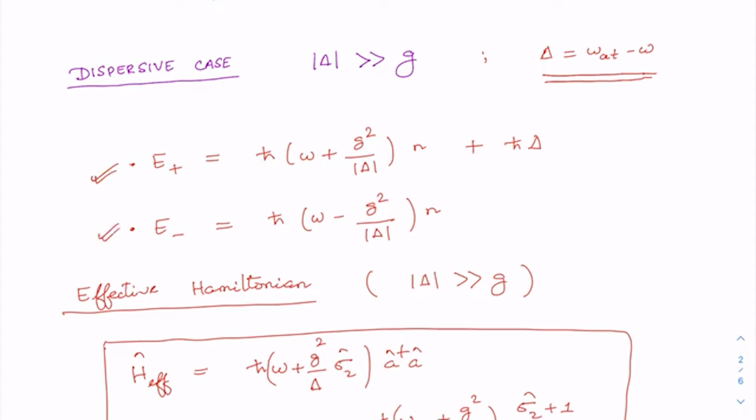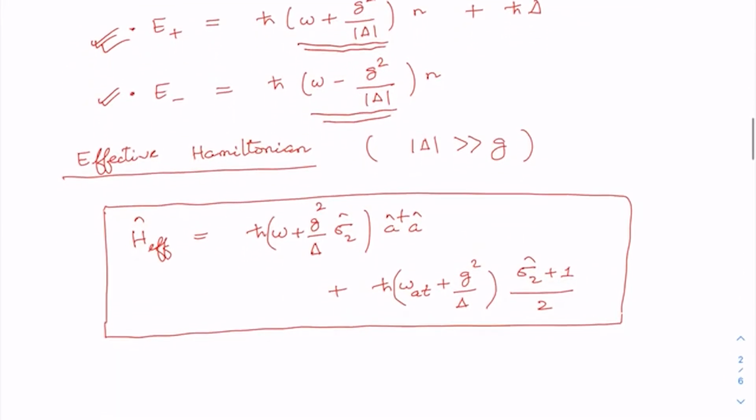What is interesting is that, as per this expression, the field mode gets modified depending on whether the atom is in the excited state. If the atom is in the excited state, the field mode is getting enhanced, and on the other hand, if the atom is in the ground state, the field mode is getting de-excited, which can be observed spectroscopically.